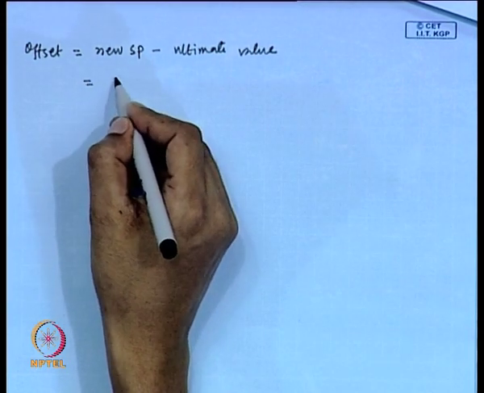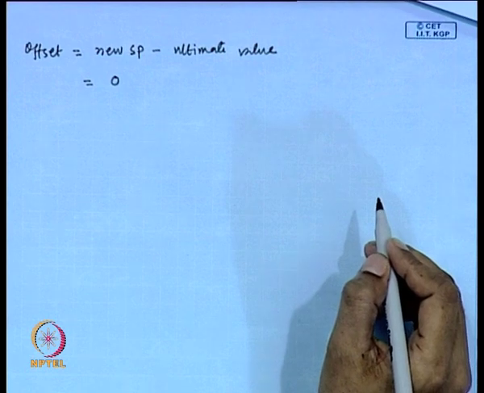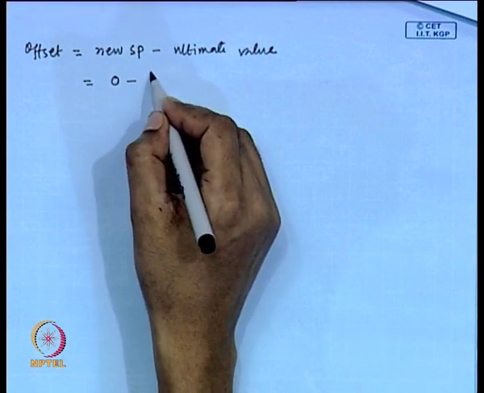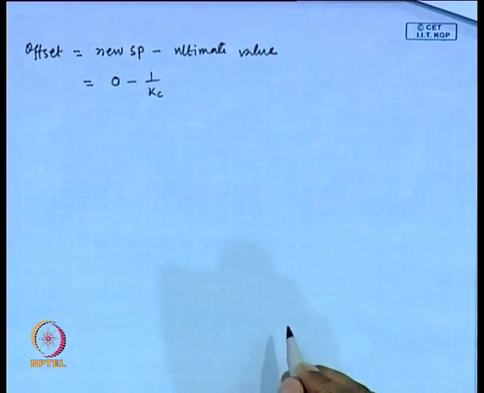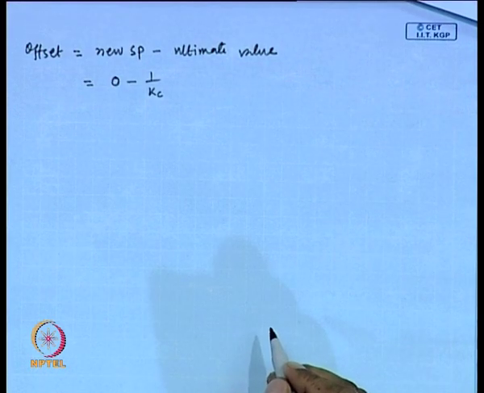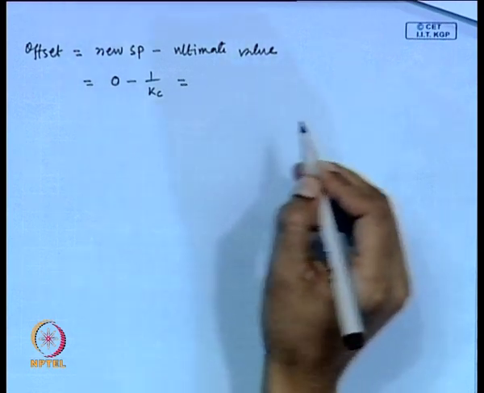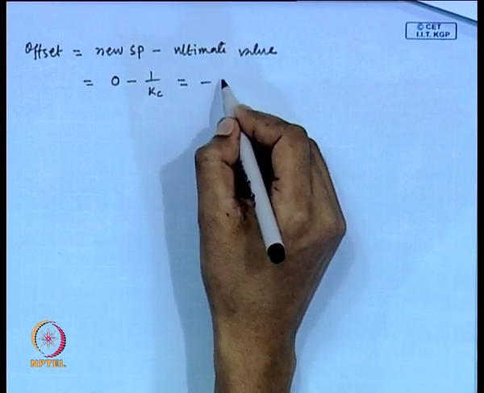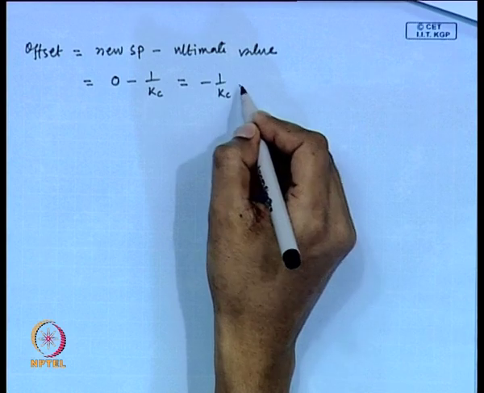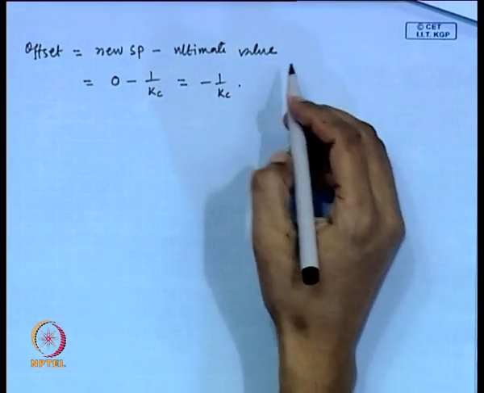So, the new set point is 0 and the ultimate value is minus 1 by Kc. So, this is equal to minus 1 by Kc.